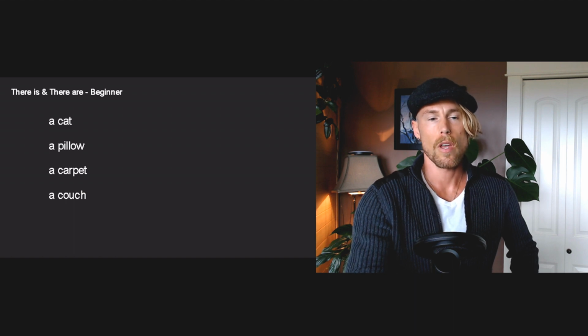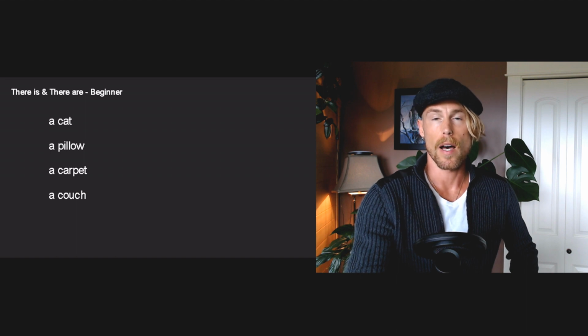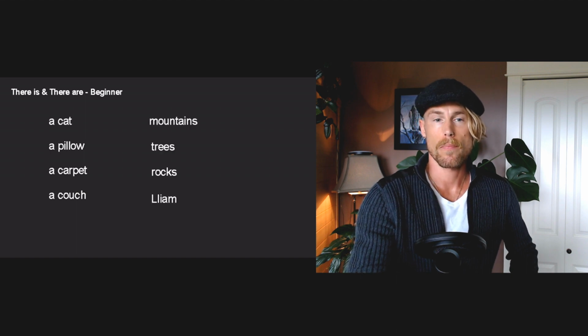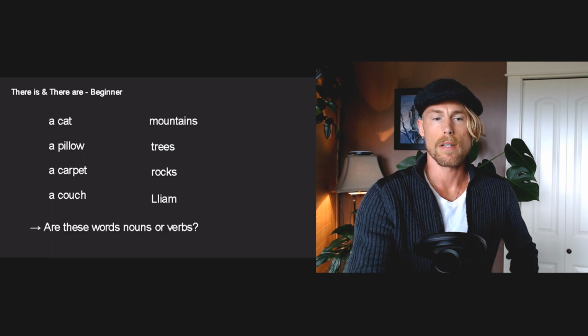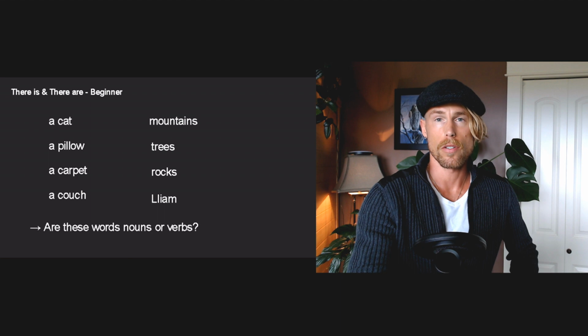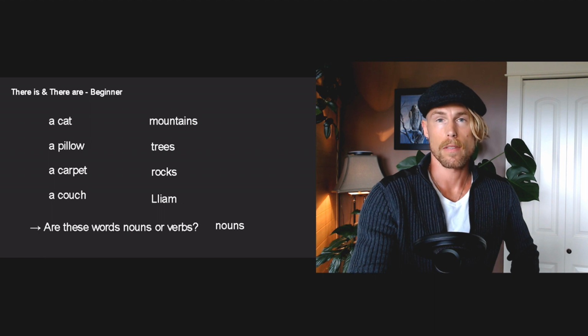So on the left, we have a cat, a pillow, a carpet, a couch. On the right, we can see mountains, trees, rocks, Liam. Are these words nouns or verbs? What do you think? Do you know? They are nouns.